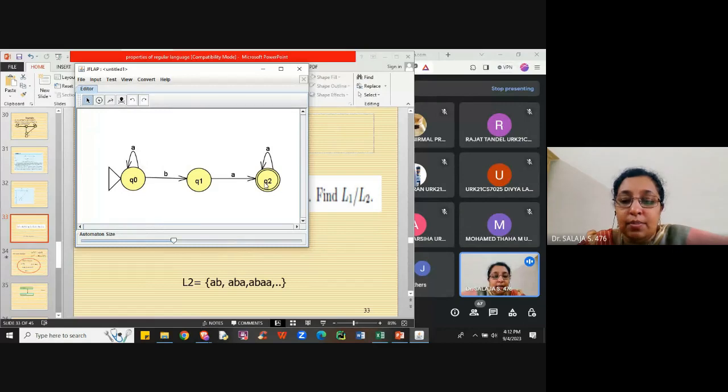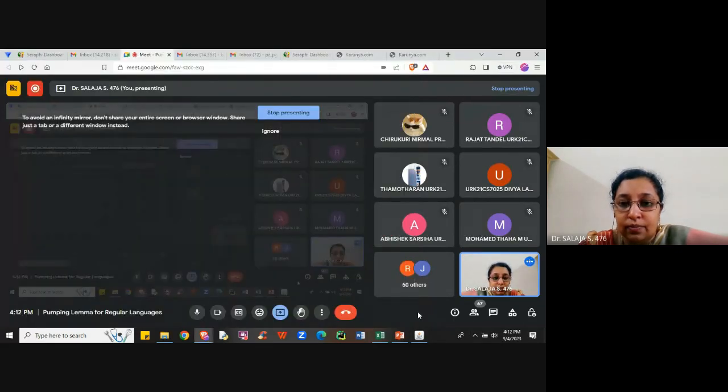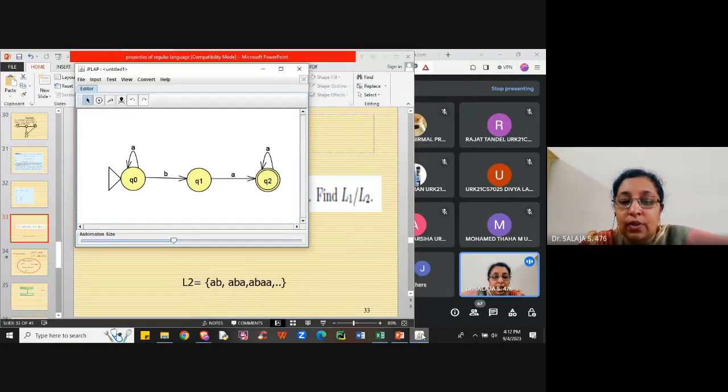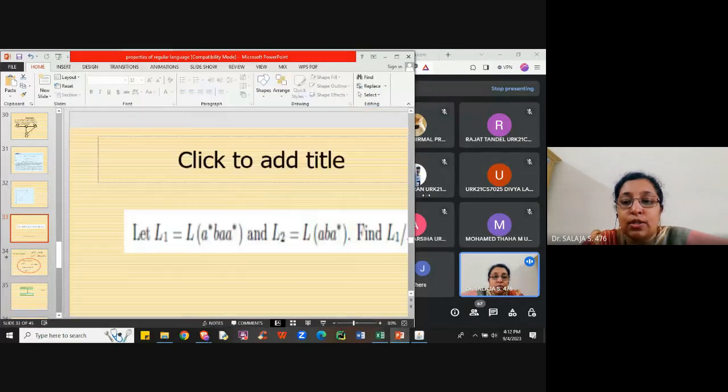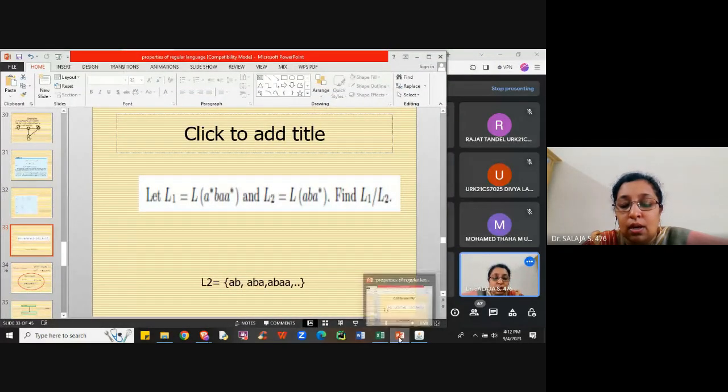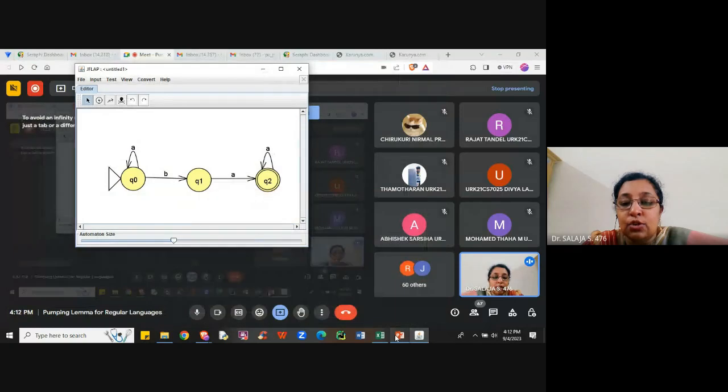You have the diagram L1 which is displayed. You have the strings which are displayed. Now tell me which of the states Q1, Q2 and Q0 acts as the new final state.